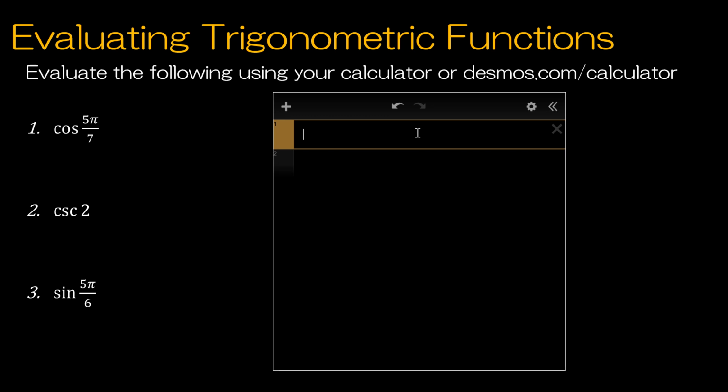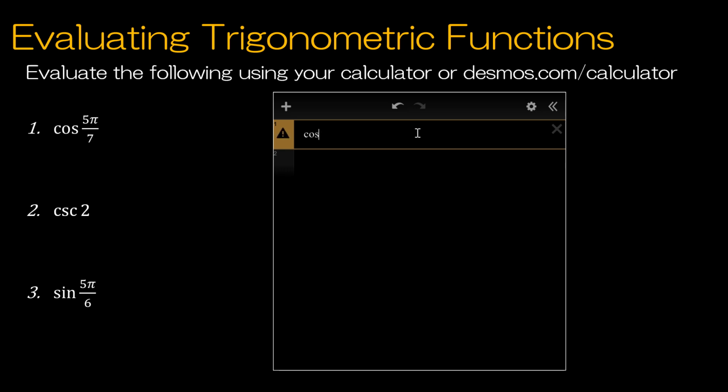Now, quite often you are going to end up with functions that are not found on the unit circle. So just as a reminder, you do have a calculator. If you can use the unit circle to find an exact solution, you should. But don't hesitate, for instance, to find cosine of 5 pi divided by 7.